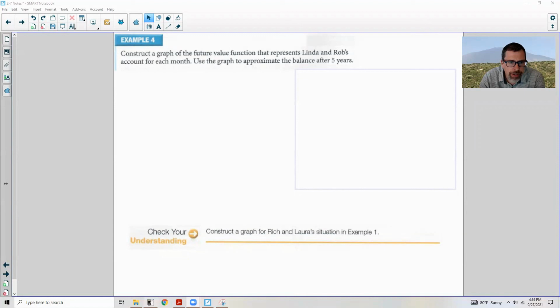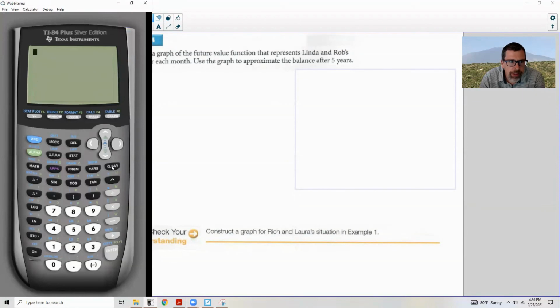So we could go into the calculator, clear, go to Y equals, clear, and what was that function? It was 1,200 parentheses 1 plus 0.01 divided by 12, compounded monthly.